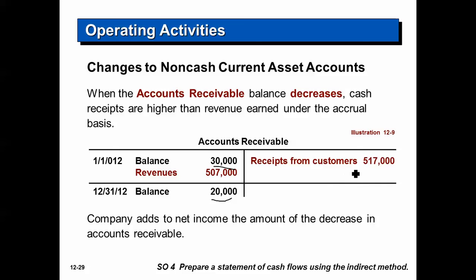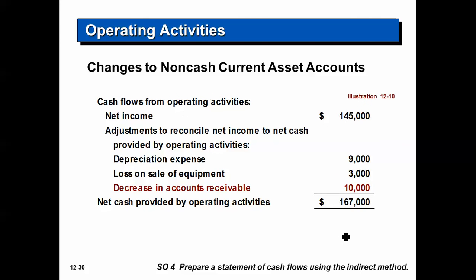Now, my accounts receivable went down, which means I collected more money this year than I sold in revenues. So the change in accounts receivable, a decrease, is a source of cash. We freed up cash. And so therefore we add that decrease back to the cash flow from operations.